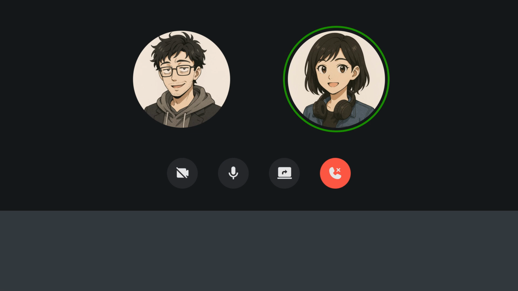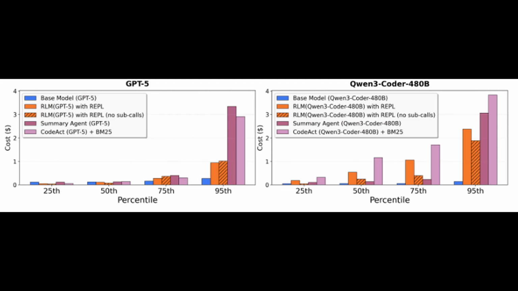But what about cost? These performance gains are impressive, but are they practical from a cost perspective? That's where it gets even more interesting. Let's look at their cost analysis chart. This chart shows the cost distribution at different percentiles, the 25th, 50th, 75th, and 95th percentiles of total API costs for each approach.